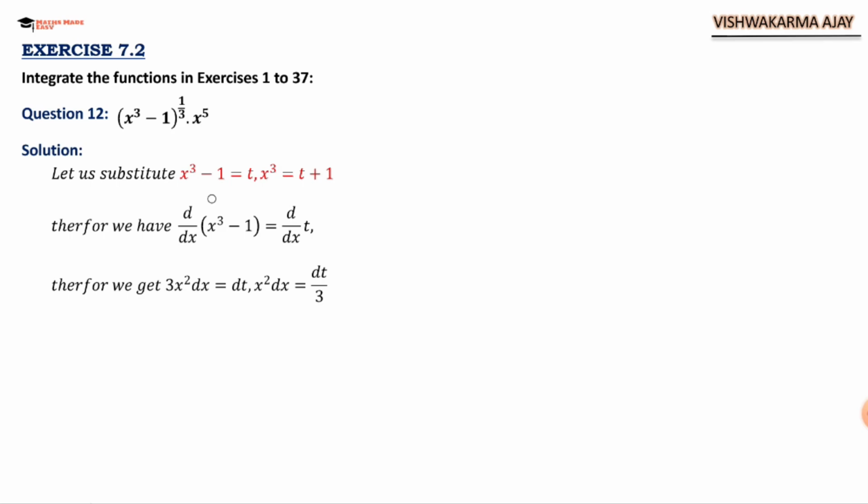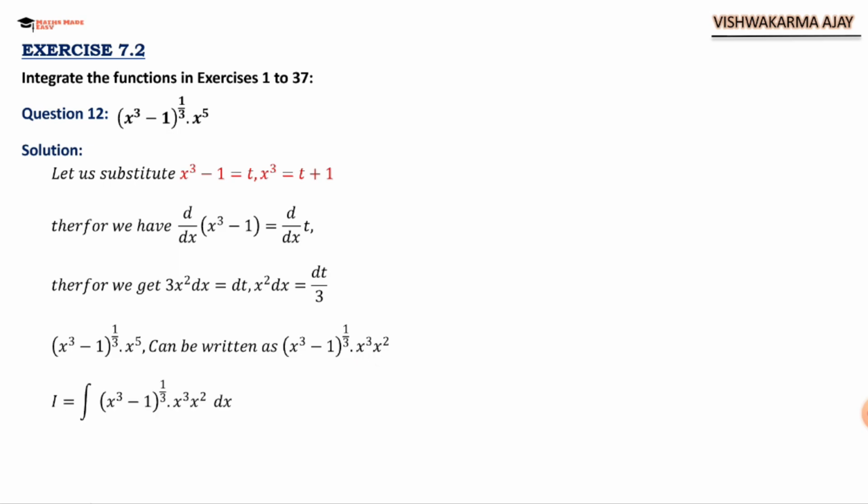Okay, let us substitute x cube minus 1 as t, as I told you before. Now taking the derivative of this, this x to the power 5 can be written as x cube times x square. I have already substituted the value of t, x square dx, and the value of x cube.